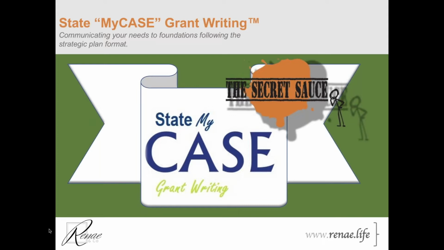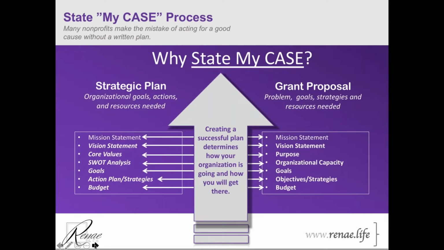It's similar in that we do use one proposal, and from that proposal, we develop multiple grants, but there is a reason behind doing it this way for startup nonprofits. And you will learn more about that in the next slides. So let's take a look at the State My Case process.